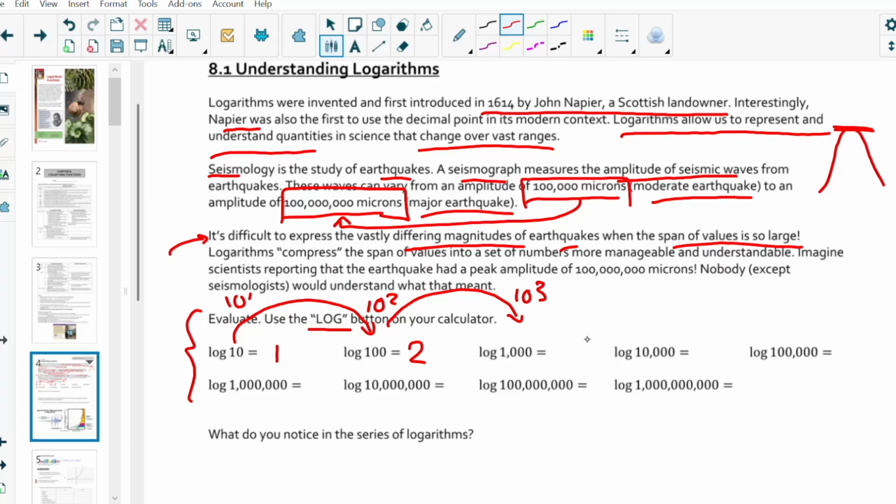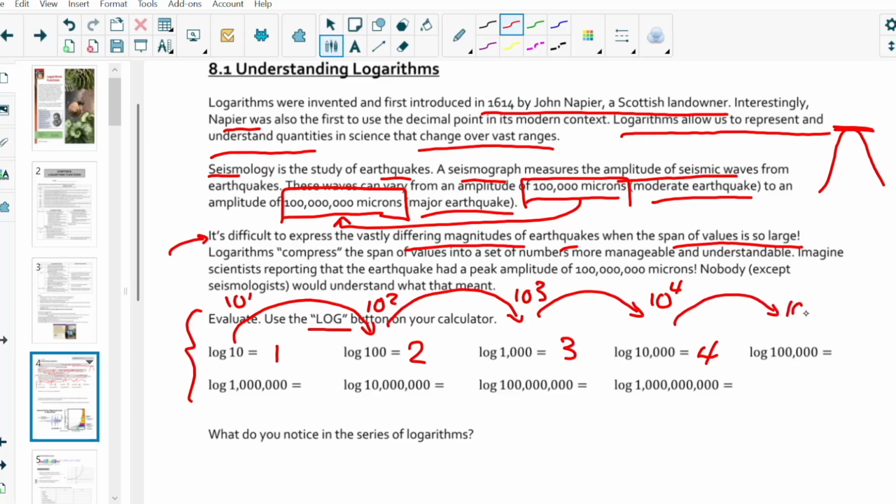Any guesses? 3. You got it. What do you think is going to happen here? 10 to the fourth. Log of 10,000. Surprise, surprise. Log of 10,000 is 4.